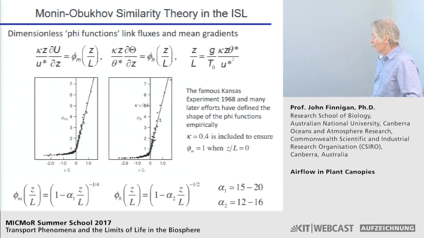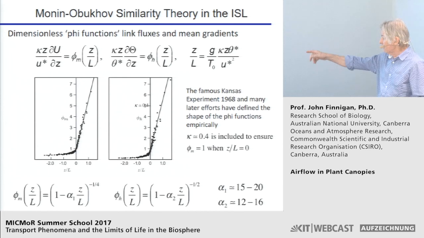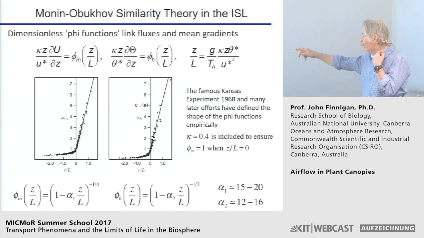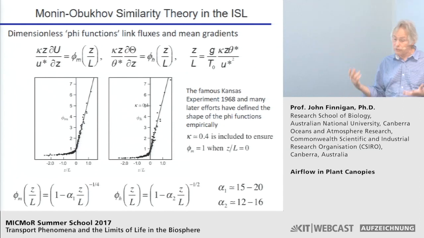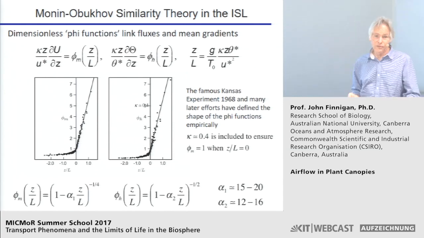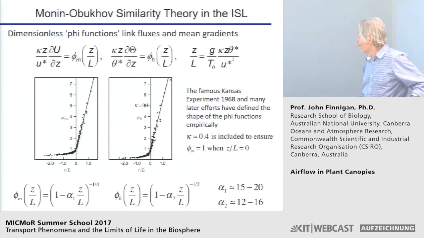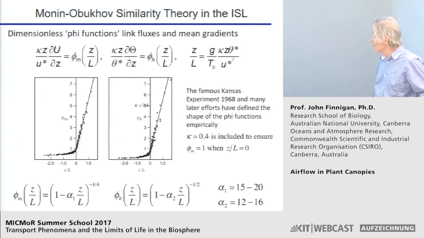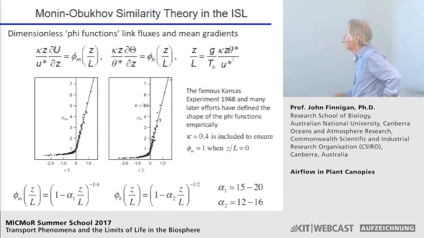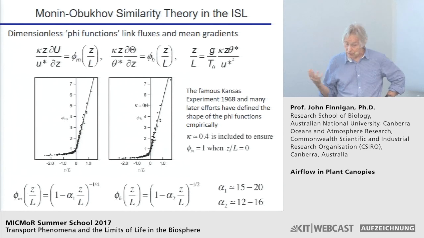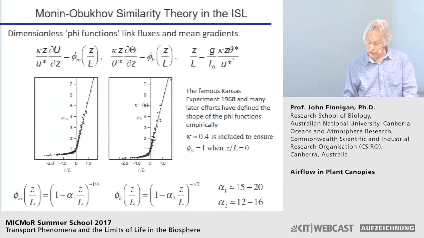The heat flux phi function is similar with a minus a half, and the values for alpha 1 and alpha 2 are subject to a lot of argument, and people do different experiments in different places and come up with different numbers. As I said, k equals 0.4 is included in all those formulas to make sure that the phi function is 1 when Z upon L is 0.